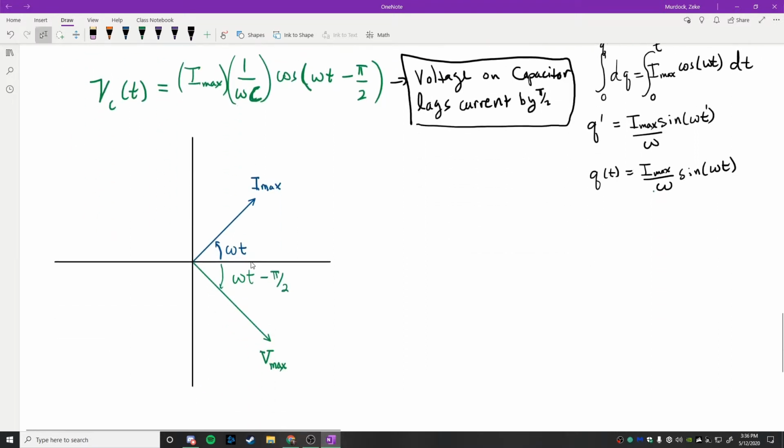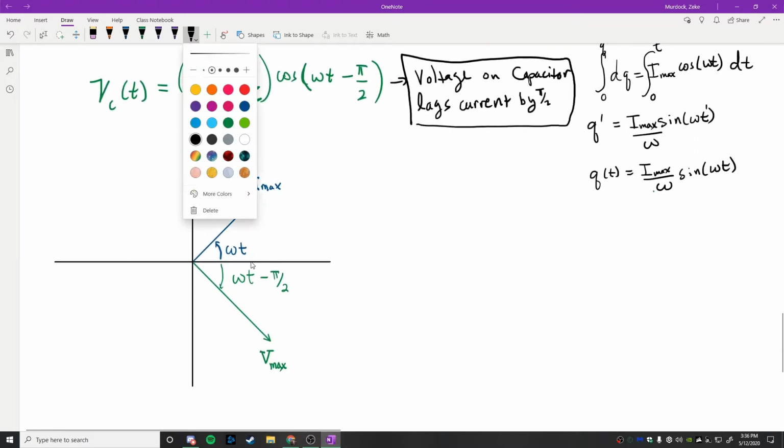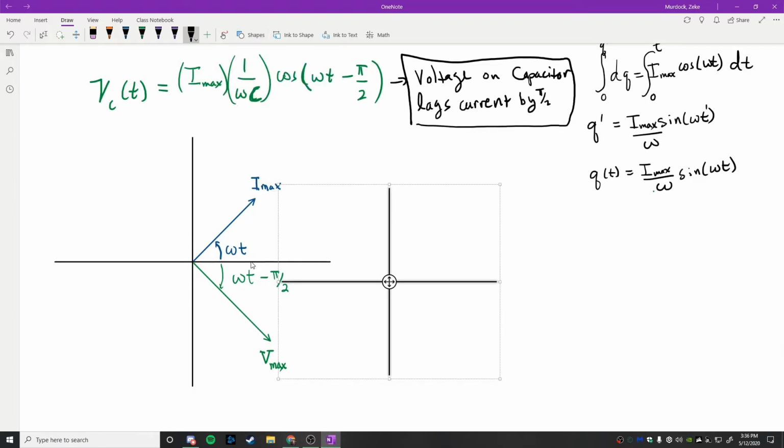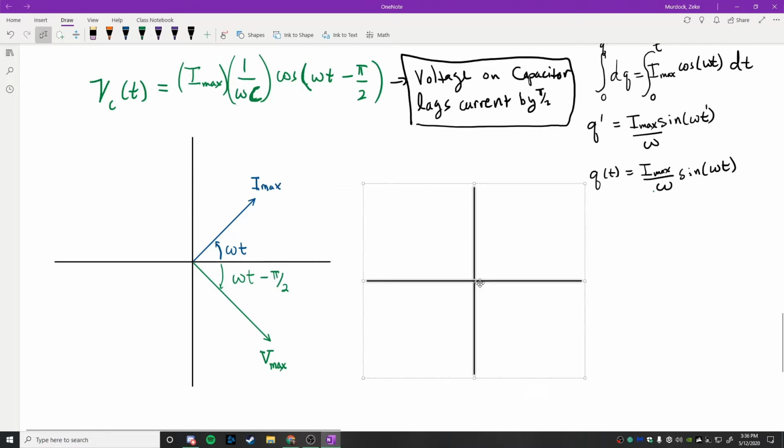I don't know if it helps to plot it like this, but if we plot on a diagram, our current as a function of time, the current as a function of time was a cosine curve, right?